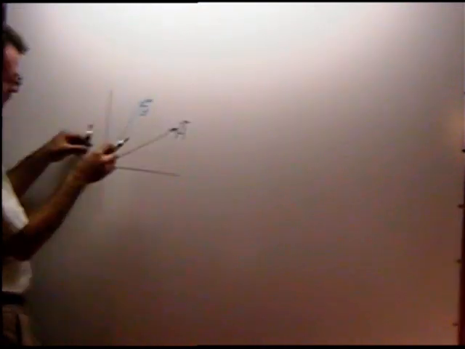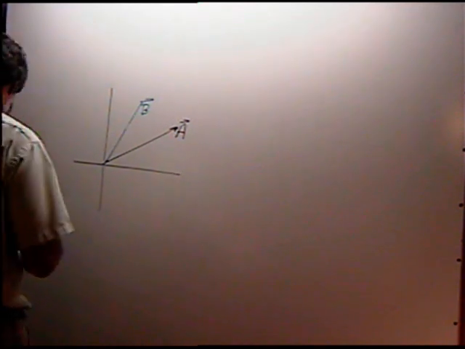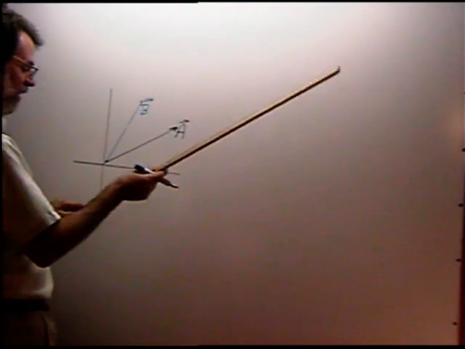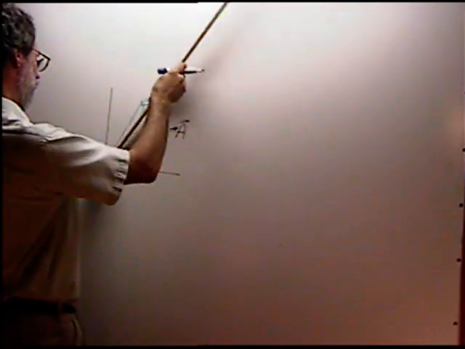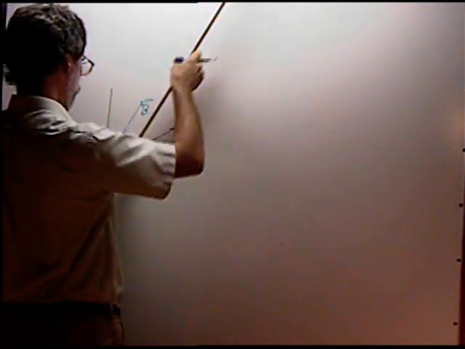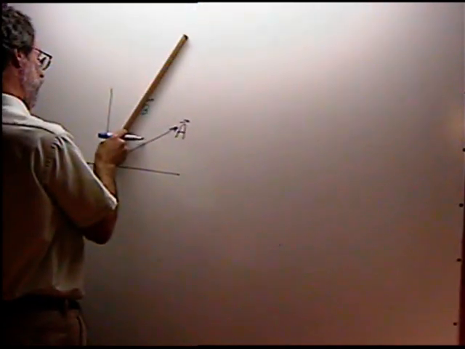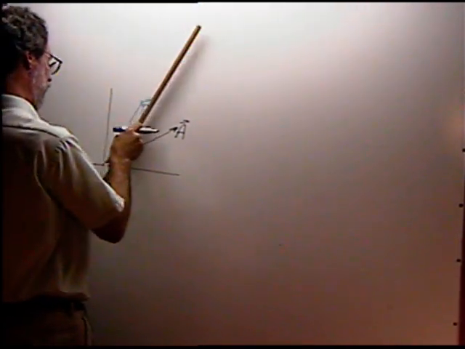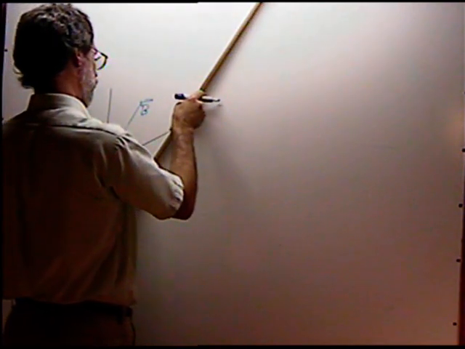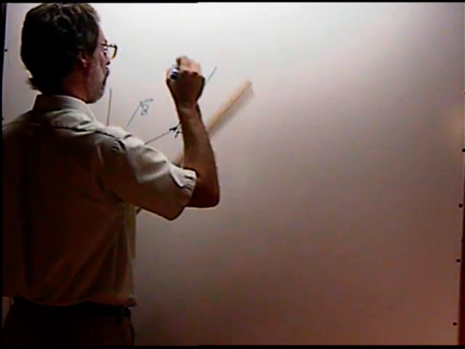Let's see how I can do that. Actually, what I should do is measure the length of it to make sure I get the right length. It's about 9 inches at that angle, so I move it up here, adjust it down a little bit, about 9 inches, and I draw a line about 9 inches long.